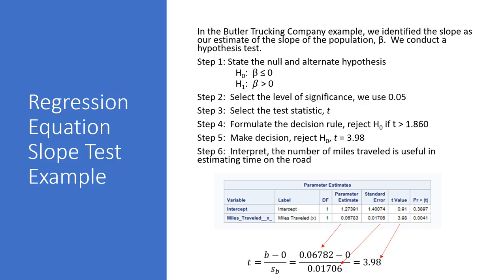So when we take our parameter estimate b minus 0 and divide it by our standard error, we get a value of 3.98, which is greater than our critical t-value. So this means that we are going to reject the null hypothesis and conclude that the slope of this line is in fact greater than 0.